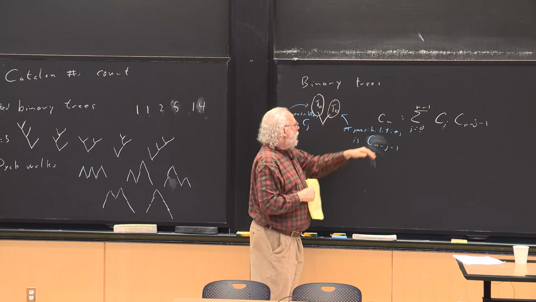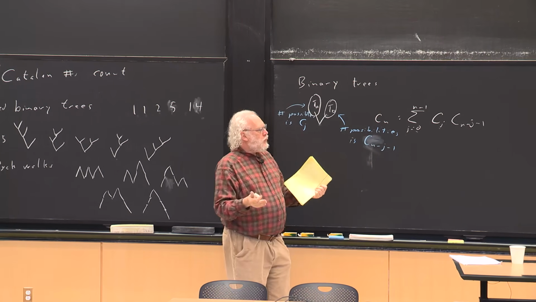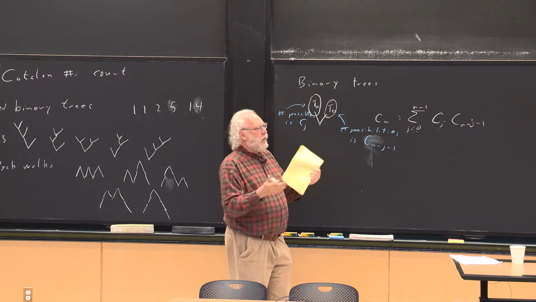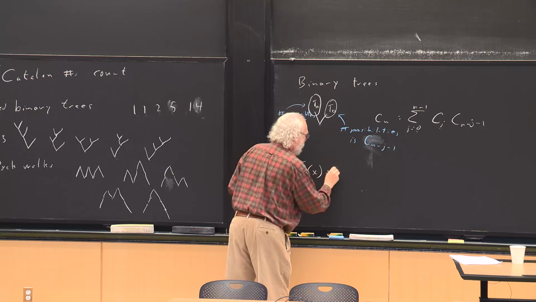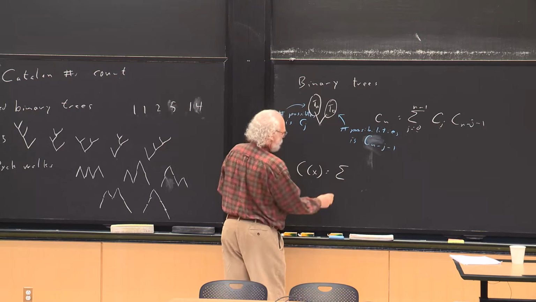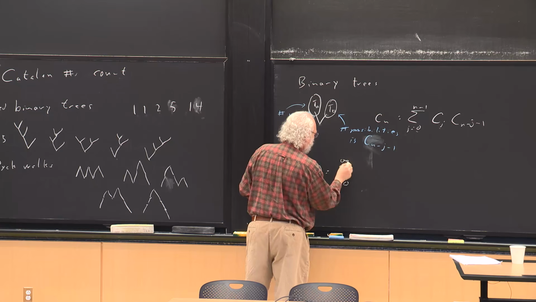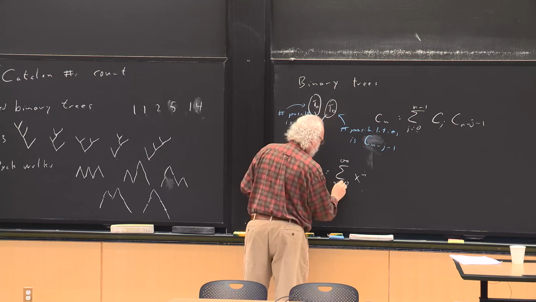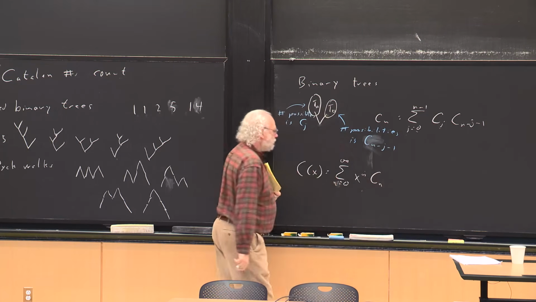So now you know this recurrence. How would you write down a formula or an equation with C of x, the sum for n equals 0 to infinity of x to the n times C sub n?